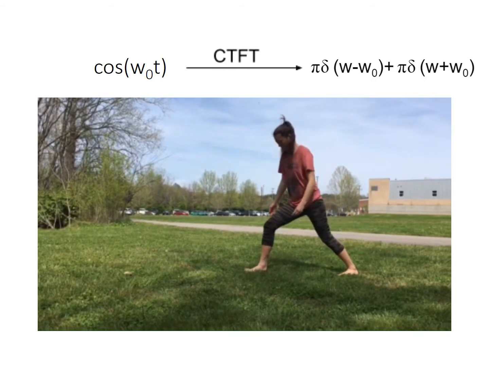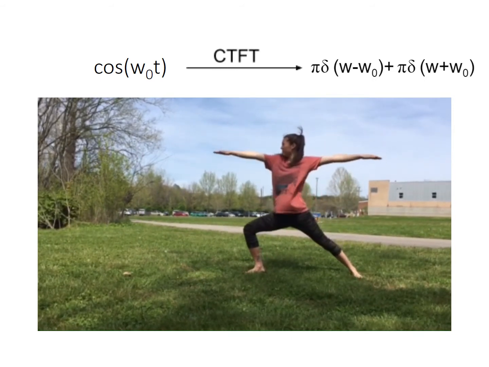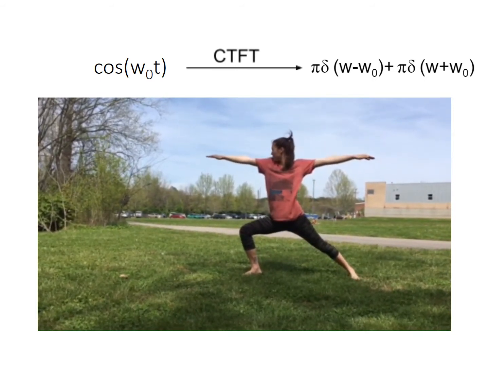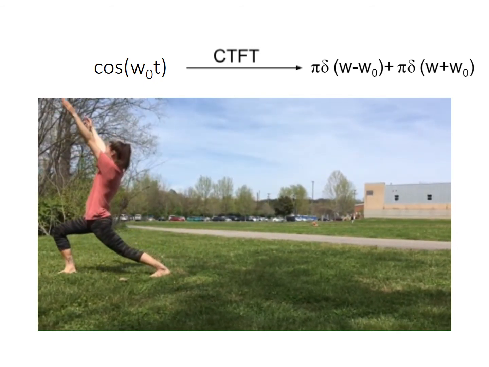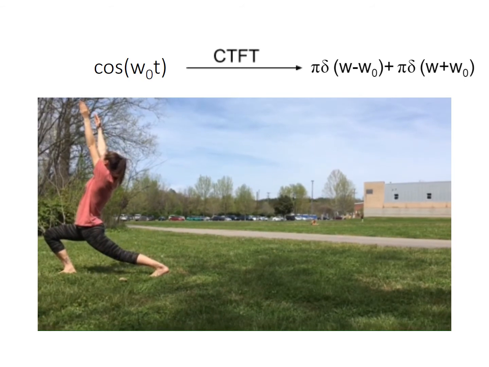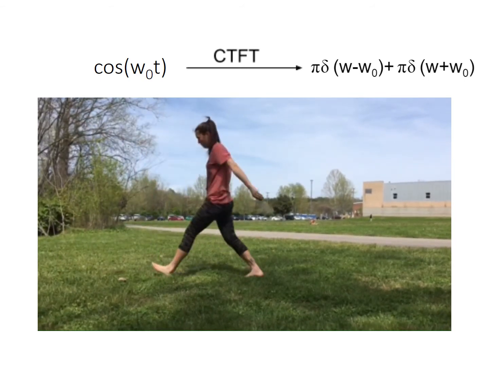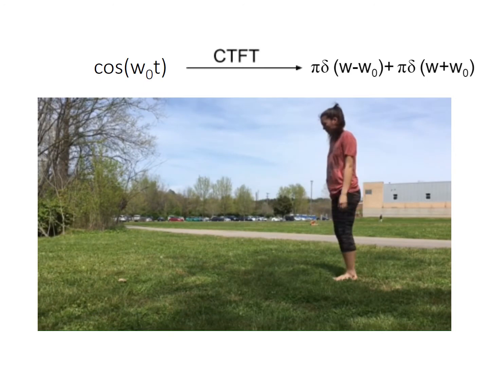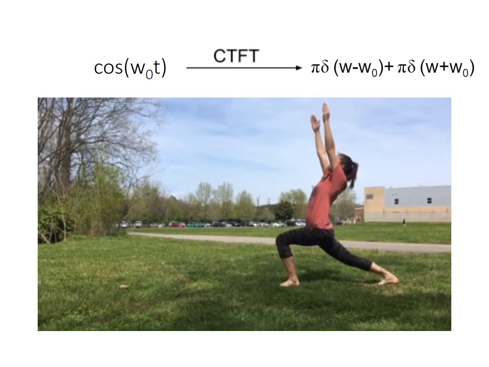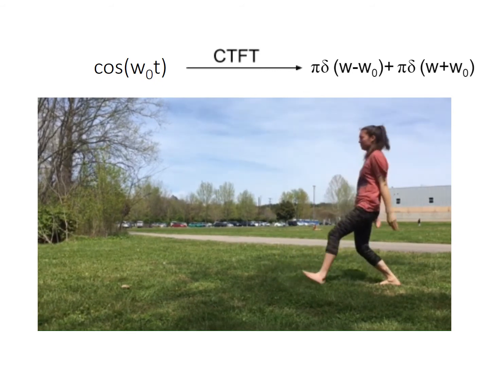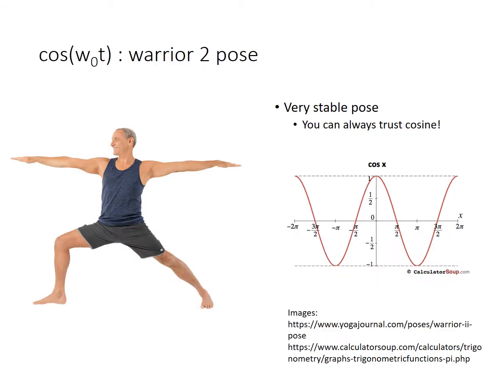Cosine is represented by this pose, and then the Fourier transform gives shifted deltas. The warrior 2 pose is used to represent cosine because it is a very stable pose, and you can always trust cosine.